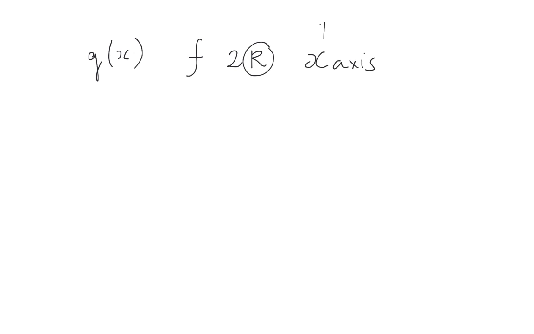So first is the translation and then is a reflection. So if I translate 2 units to the right, then my function would become y equals 3 to the power of x minus 2.